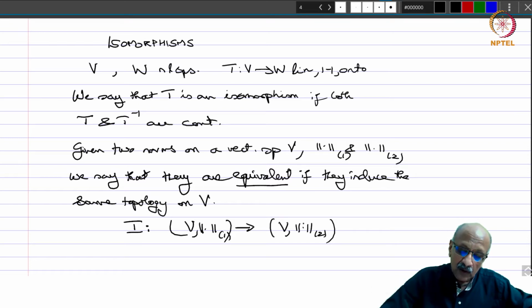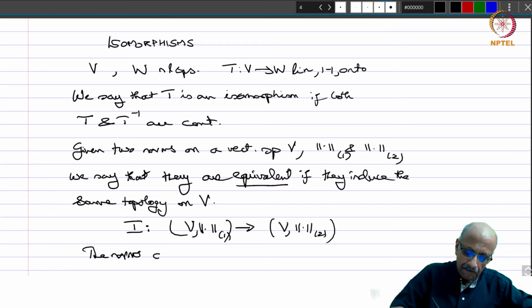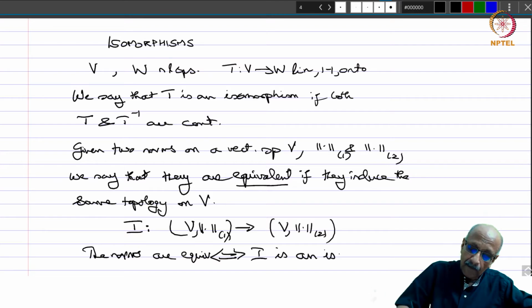This means the two topologies are the same. So the norms are equivalent if and only if I is an isomorphism.